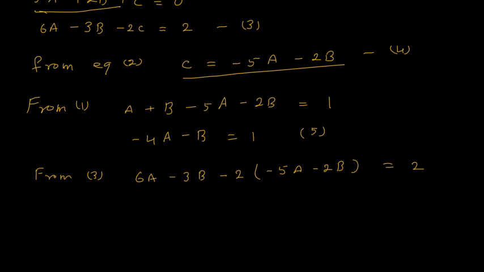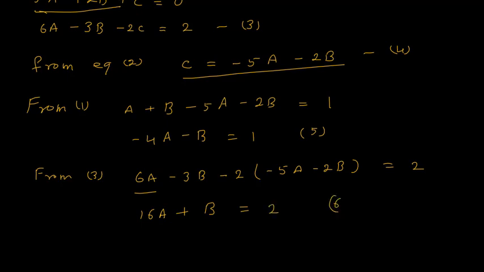So we open the bracket, 6a plus 10a, 16a, minus 3b, and here we have minus minus plus, minus 3b plus 4b is b, is equal to 2.